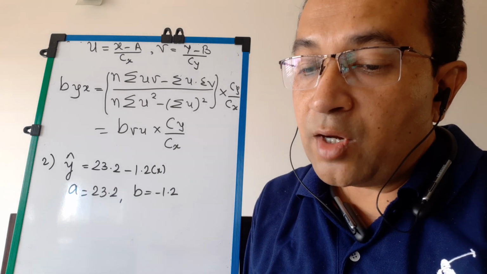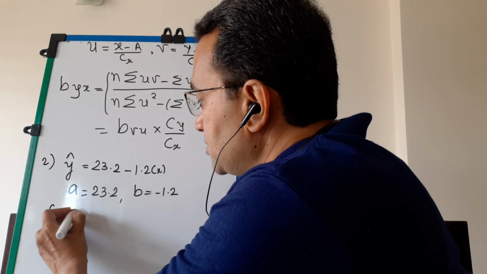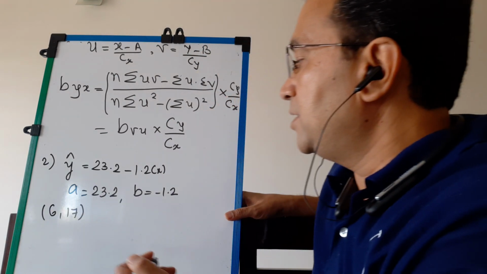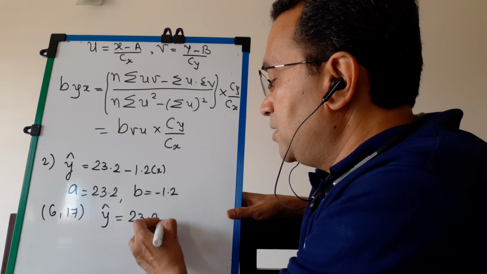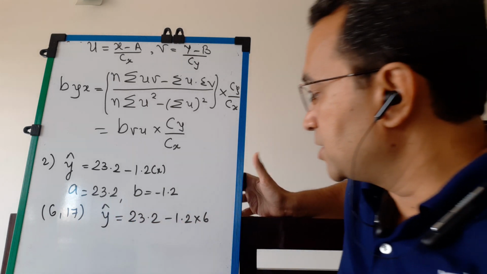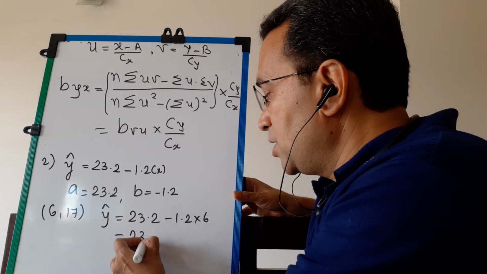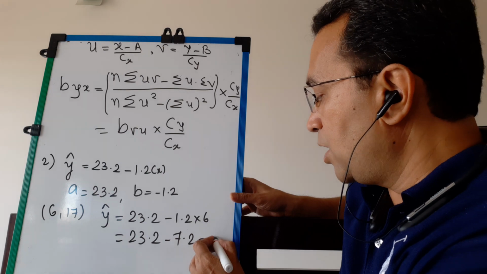Now one of the observations was (6, 17). So when x is 6, the estimate of y will be how much? 1.2 into 6 is 7.2. So 23.2 minus this. So this is how much?